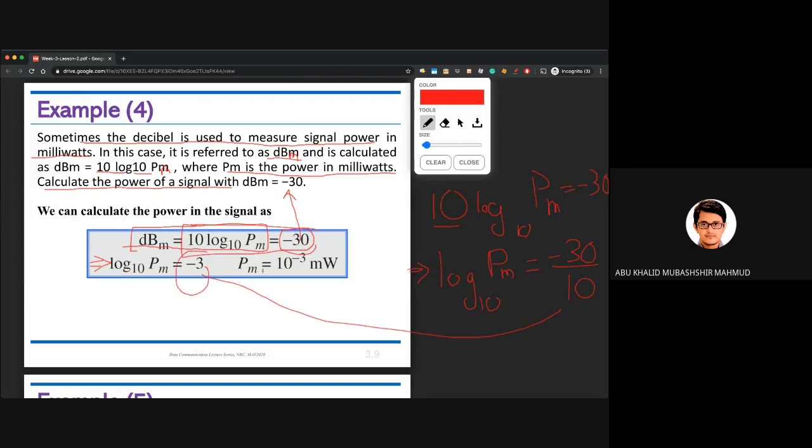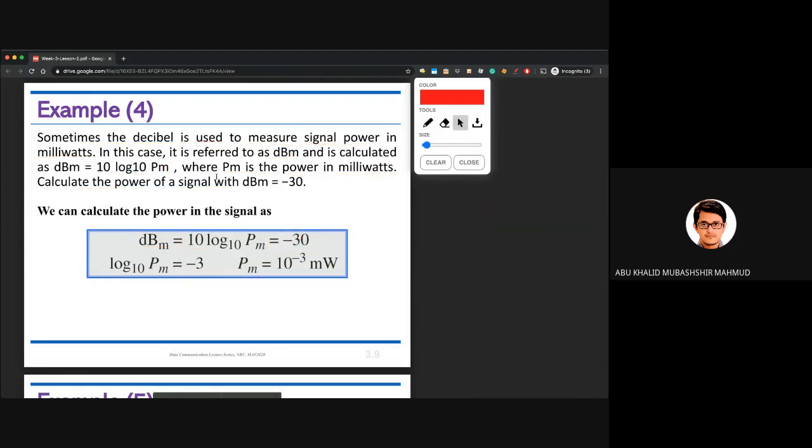And then we know that if we inverse the log, it turns into a power of 10. So we get the value 10 to the power minus 3 milliwatts. I think you get that. So let's move on forward.